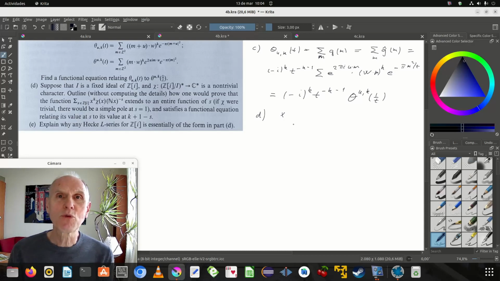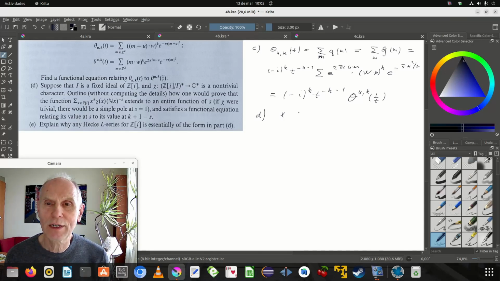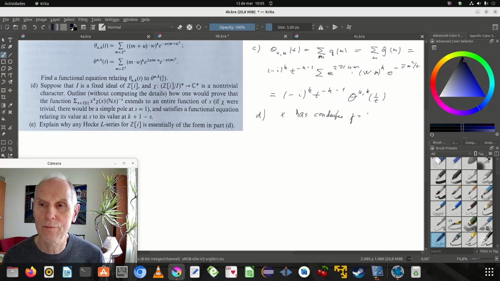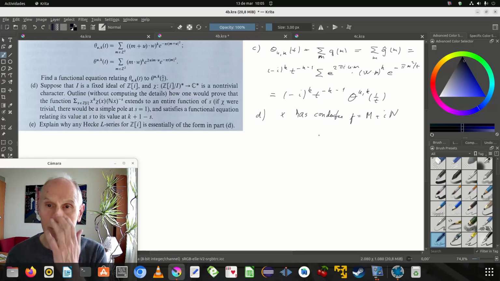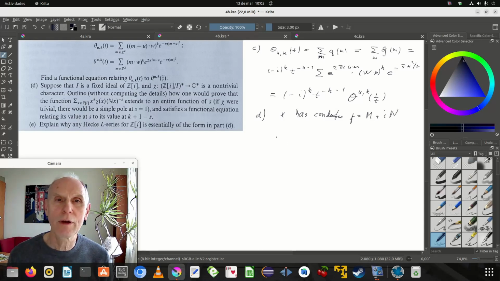I believe that proof carries over to characters on the Gauss integers as well. So let its conductor be, there we go.